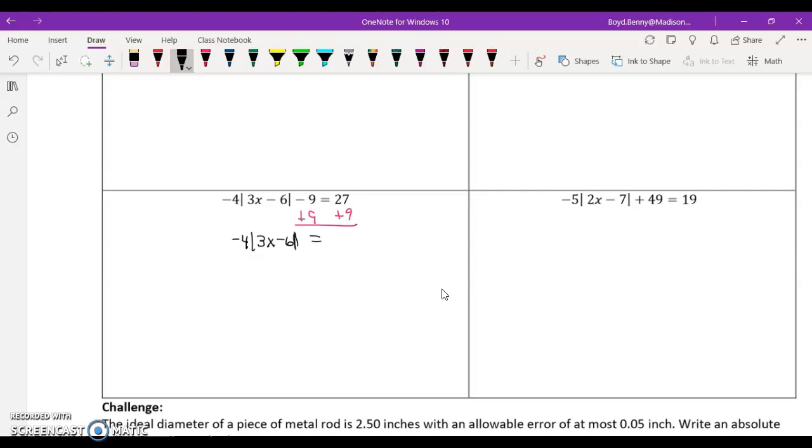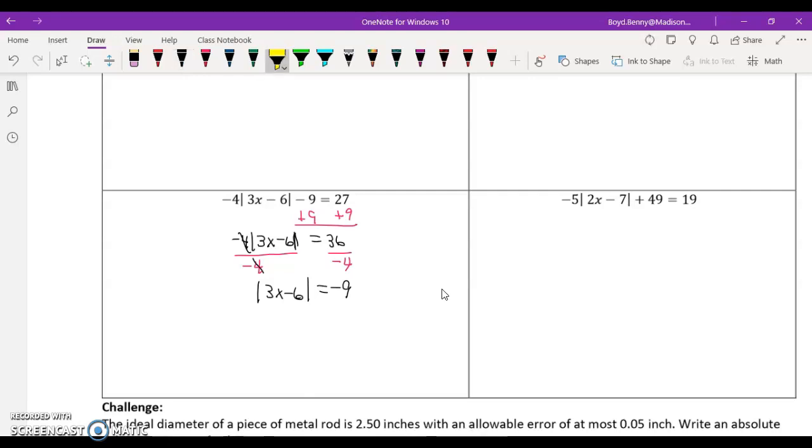Equals, let's see, 27 plus 9 is 36. All right, now I want to isolate this expression, so now I need to divide by -4. Okay, so that's going to leave me with, because this cancels out, 3x minus 6 equals -9.